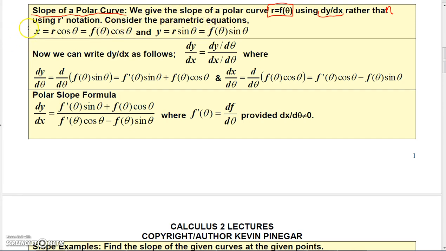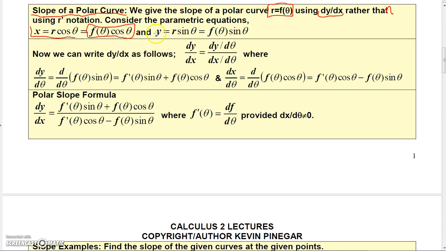So let's suppose that x is r cosine θ. We're going to say r is f(θ), and so x would equal f(θ) cosine θ.